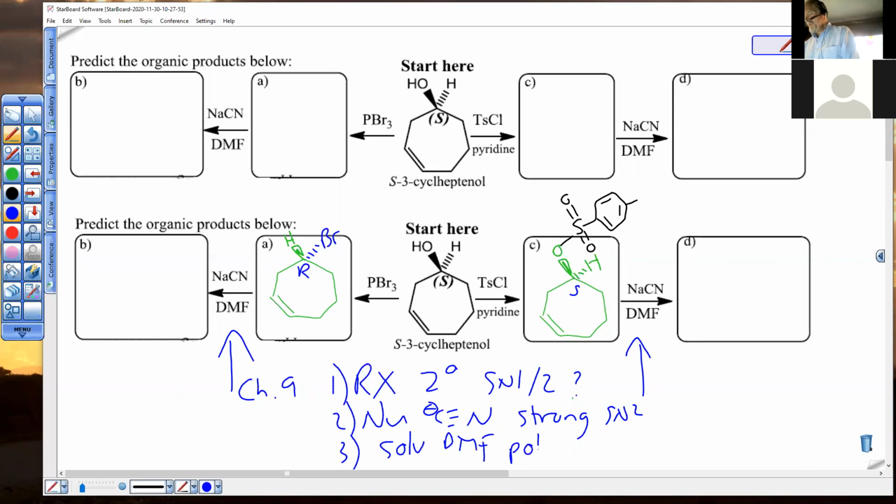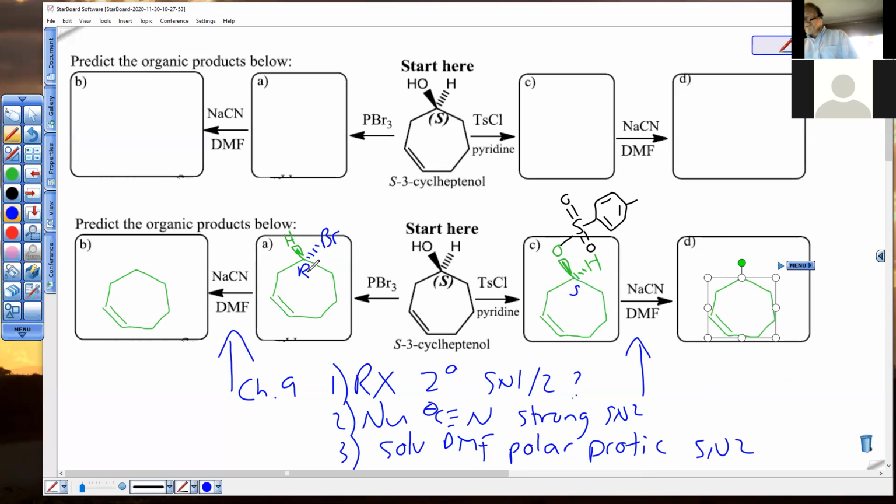Of course, you were reading about these on the weekend, right? Not losing anybody here, am I? Polar aprotic solvents, SN2. You better give me an SN2 product for B and an SN2 product for D, and they will be different products, won't they? They will be different products, but they will be related.